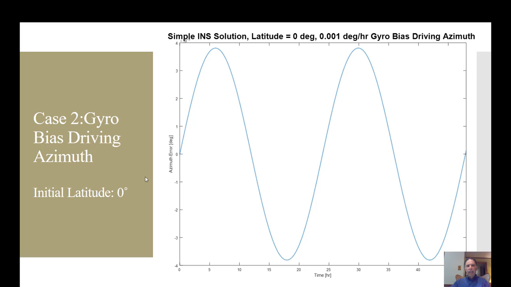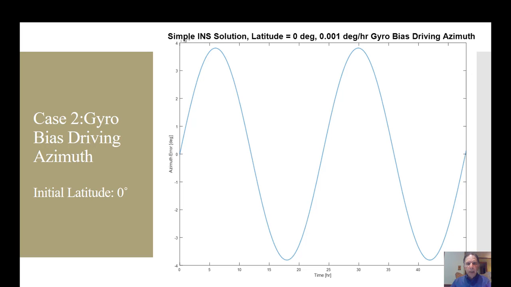So what we see is a sinusoid in azimuth starting at 0 as the initial conditions insist upon, and you have a sinusoid, again, of course, of periodicity 2 pi over T, where T is approximately 23 hours and 56 minutes.